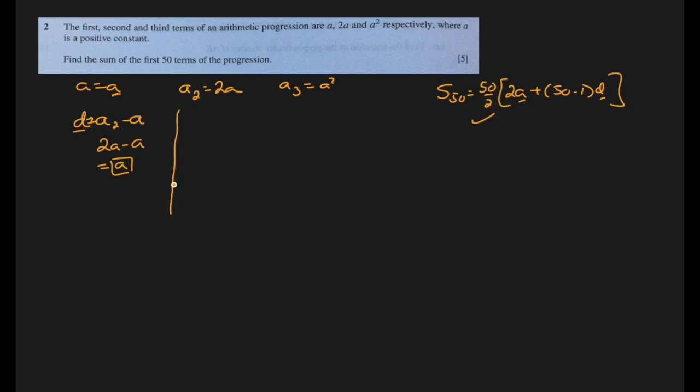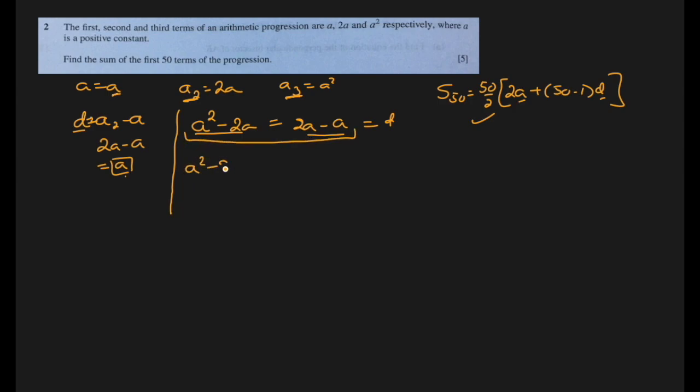We have to get a value. So a squared minus 2a, A3 minus A2, will be the same as what we got here, 2a minus a. This is also true, right? Because this is also d, this is also d. We can write d if we want, and we will get an equation for a here.